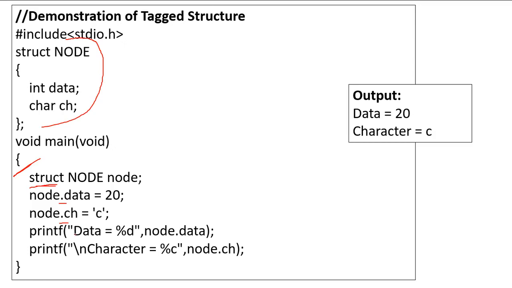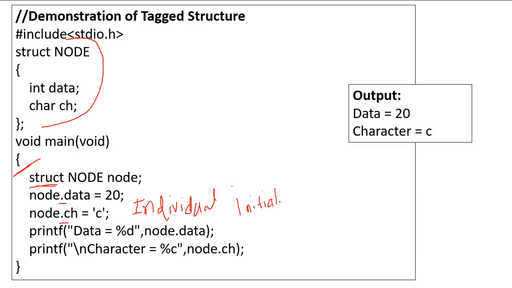Using the dot operator also you can initialize the structure fields. This type of initialization we call individual initialization. So remember all these techniques.